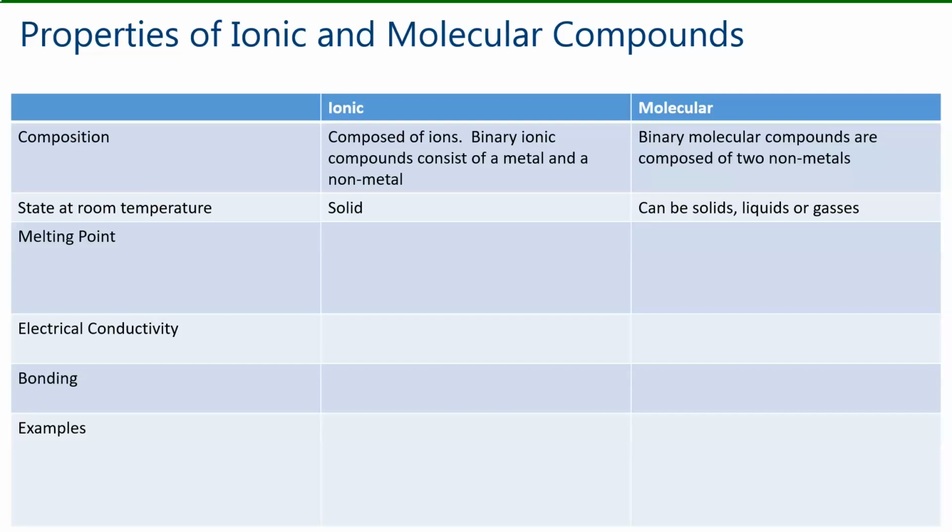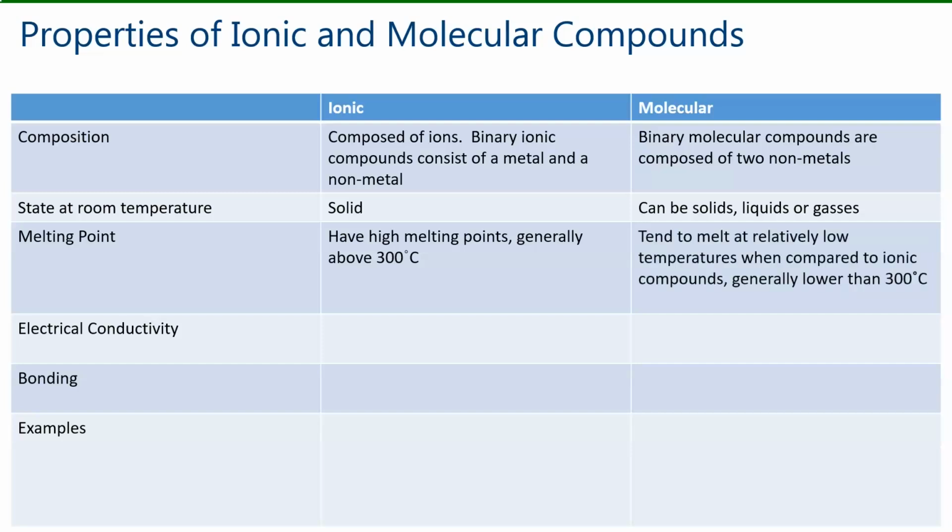For the melting point, remember that ionic compounds have relatively high melting points, generally above 300 degrees Celsius. Molecular compounds tend to melt at relatively low temperatures when we compare them to ionic compounds, generally lower than 300 degrees Celsius.